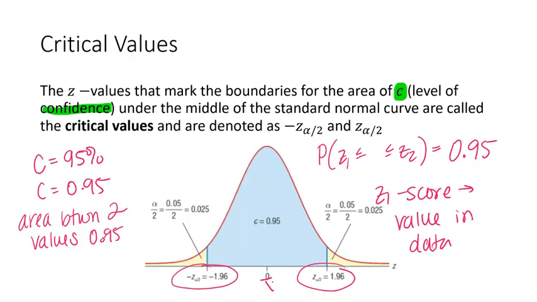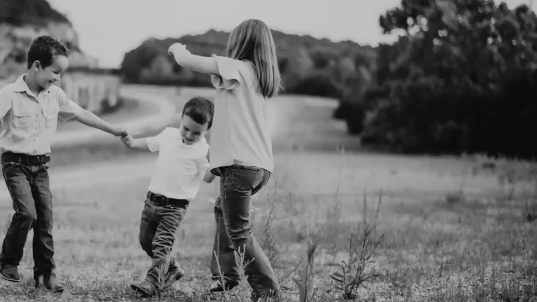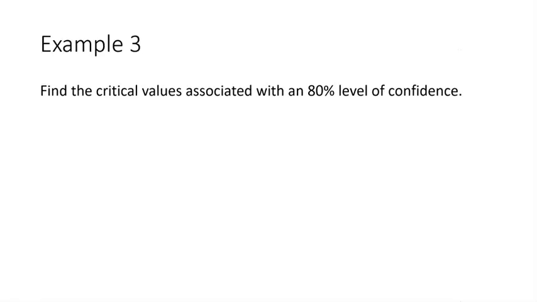Using the sample mean in the middle, my error is interrelated to the z values based on the level of confidence that I want. So before we go deeper into our confidence intervals, let's just see if we can identify what are called the critical values.